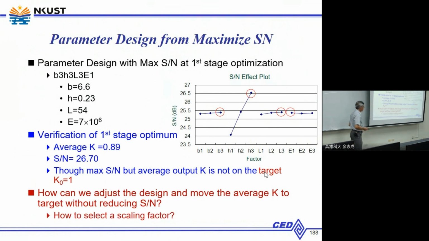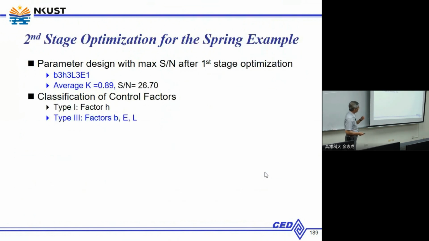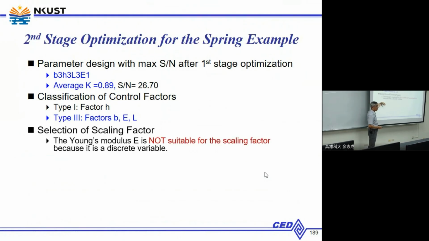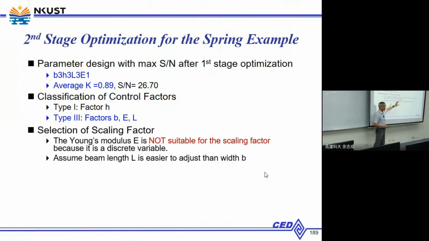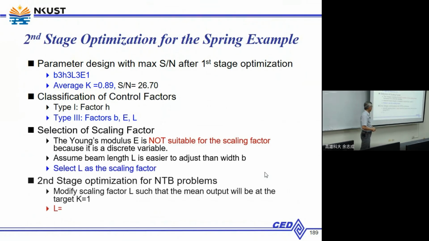Therefore, we choose scaling factors. From that previous example, we know that we have type 3 factors. We only need one. So we need to select which one will be better. Young's modulus is a discrete variable, so it is not good as a scaling factor. And as I mentioned before, adjusting L will be easier than adjusting B. So we choose L to be the scaling factor.